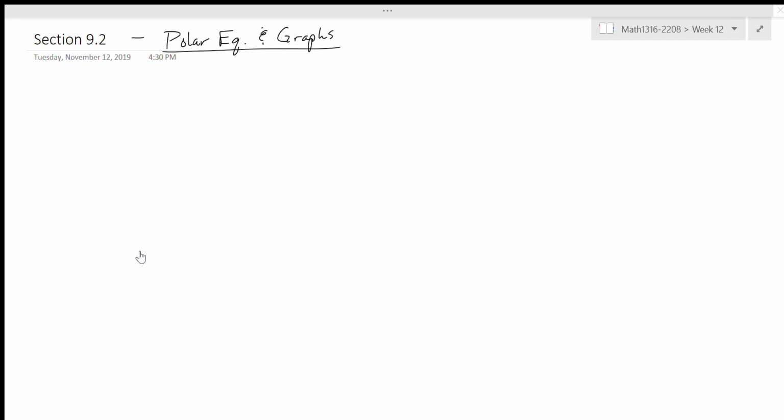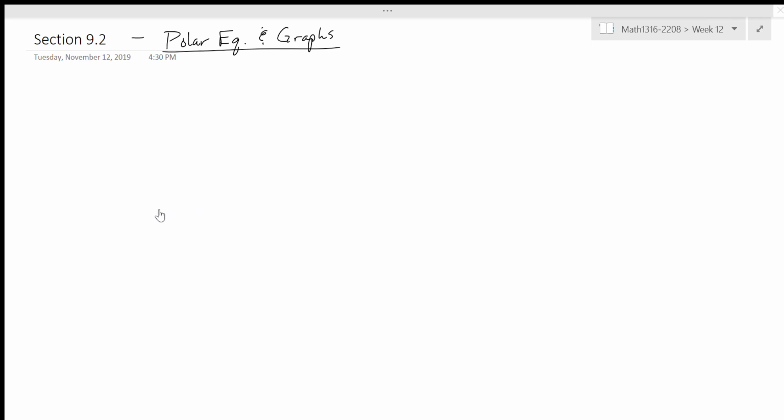What I need you to know for this section is how to identify the shape. You're going to have to know the names of the shapes. This shape is called a cardioid. Cardioid. How do you spell that? C-A-R-D-I-O-I-D, cardioid.